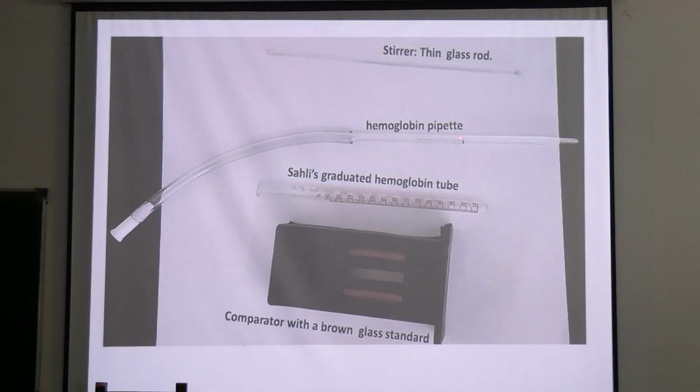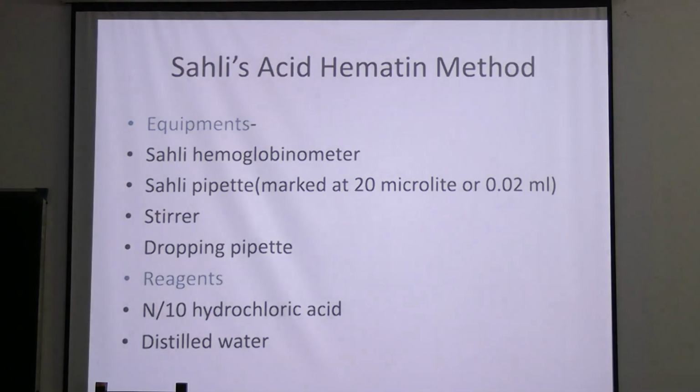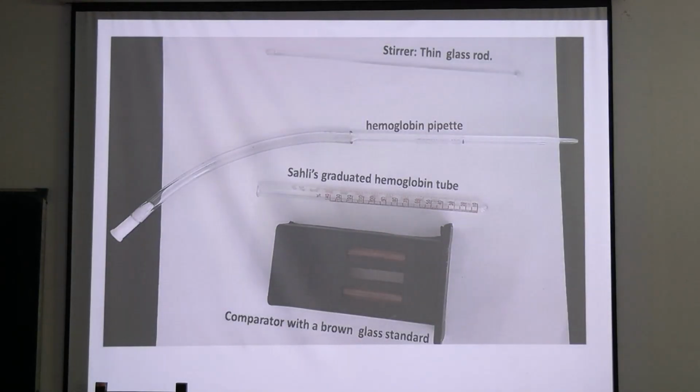You draw blood up to this mark and put it in Sahli's graduated hemoglobin tube, and you add N/10 hydrochloric acid. You mix it properly, and then there is the standard.